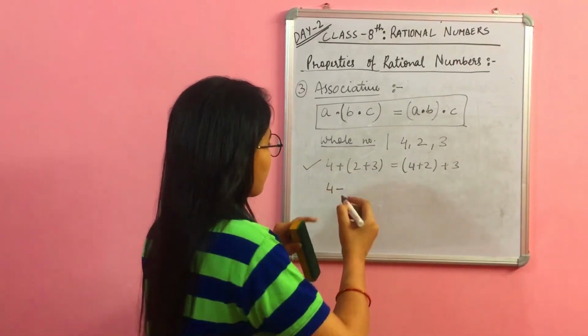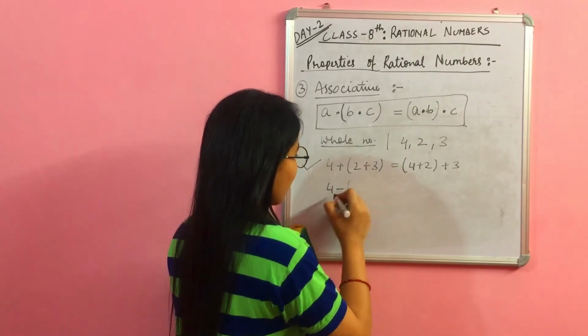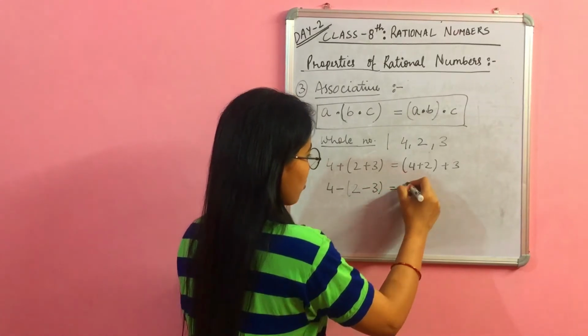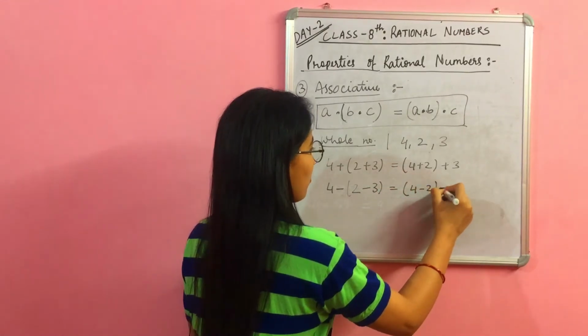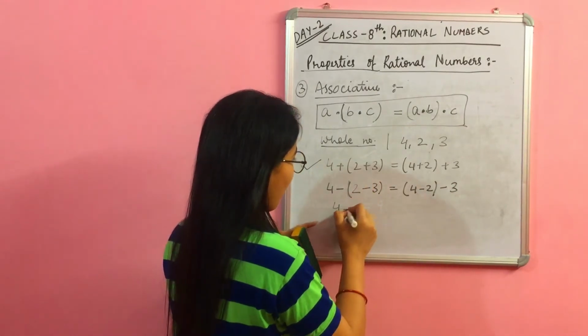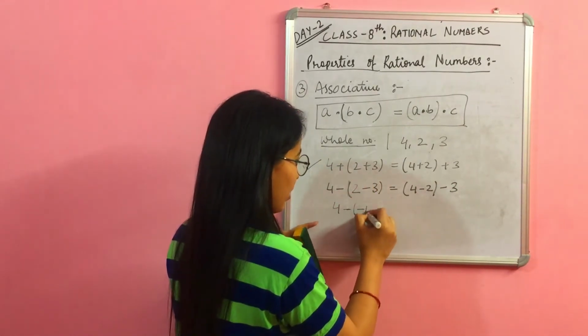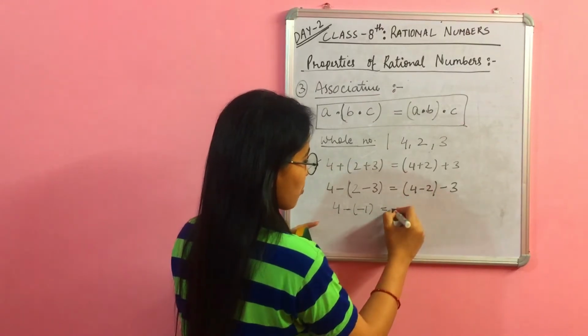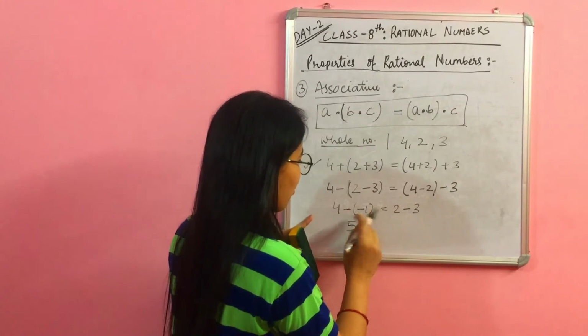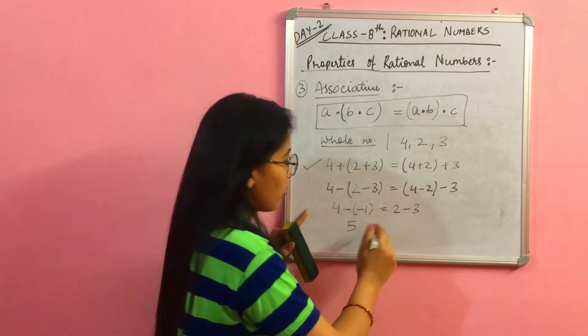Okay, let us check for subtraction. (4 minus 2) minus 3 is equal to 4 minus (2 minus 3). Okay, 4 minus 2 is 2, 2 minus 3 is minus 1. And this will be equal to 4 minus, minus 1, minus minus plus, so 4 plus 1 is equal to 5.